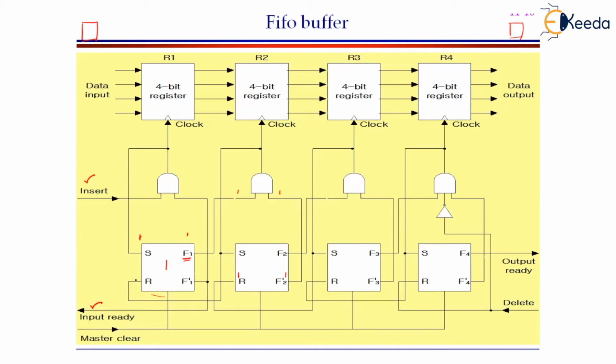The first flip-flop's reset input is connected to the output of the second AND gate. So, here reset will be equal to 1. The output of the AND gate is connected to reset, so the output of the AND gate is equal to 1.